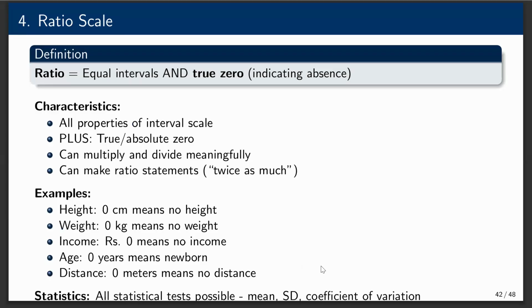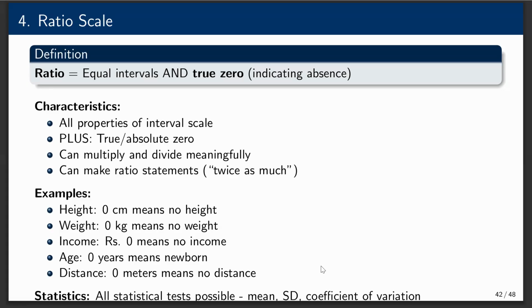In the ratio scale, there are equal intervals and a true 0, which indicates absence. It has all properties of the interval scale plus a true and absolute 0. You can multiply and divide meaningfully. You can make ratio statements. Suppose you are taking two products, if one product is 2 times higher than the other, you can say twice.